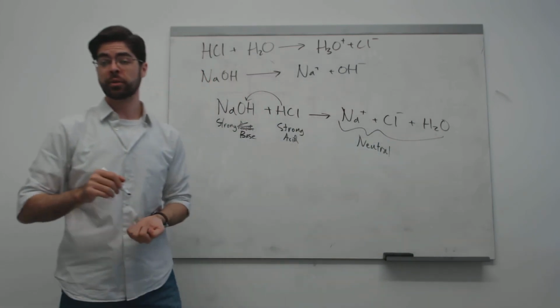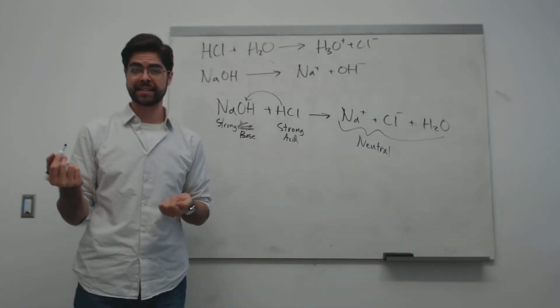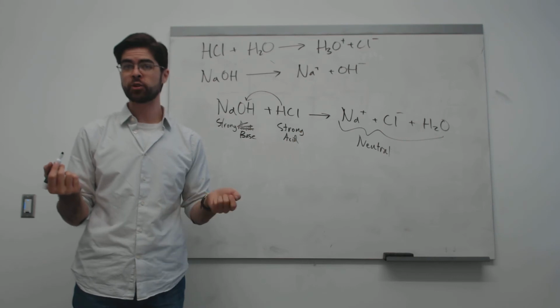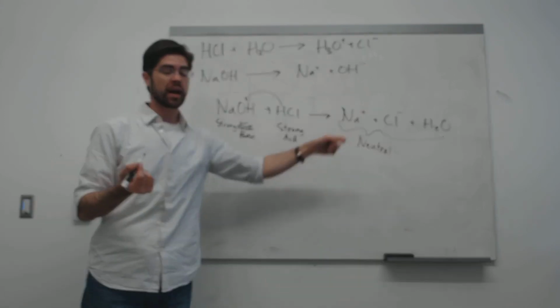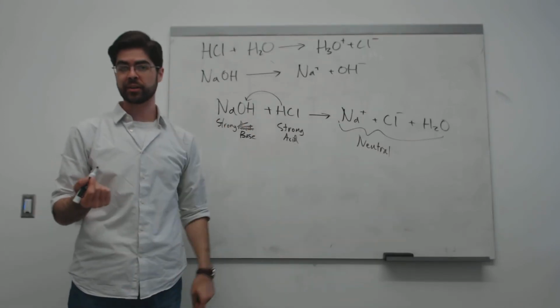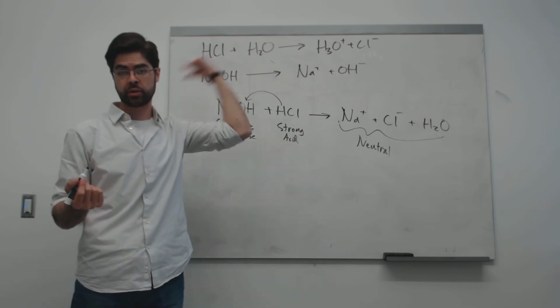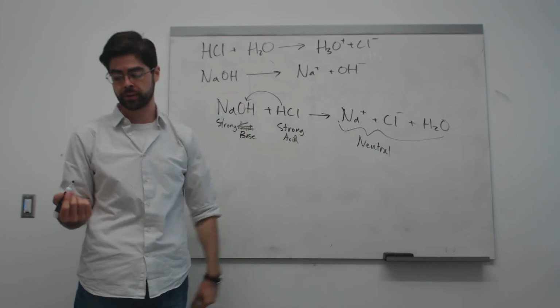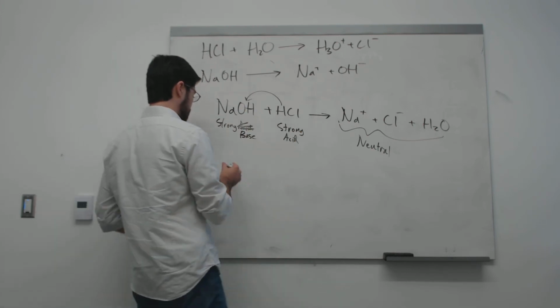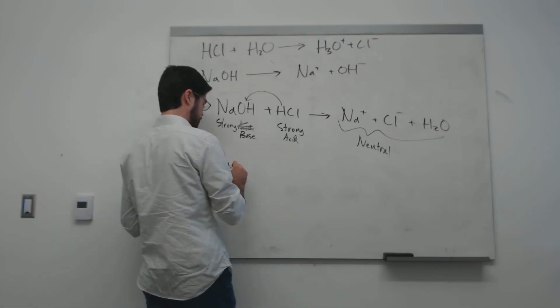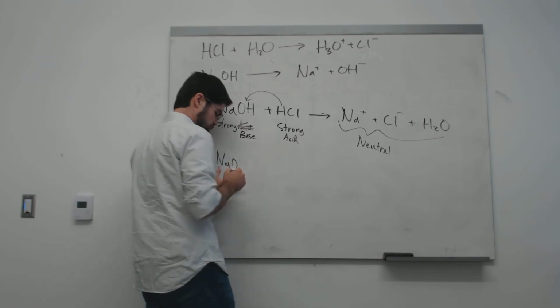Again, because the products themselves are not acidic or basic. They are the conjugate acids and bases of something else, but they're the conjugate acids and bases of strong acids and strong bases, and those go to completion. They don't go backwards.